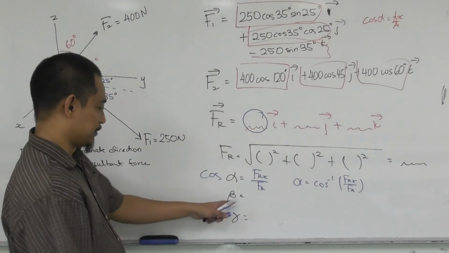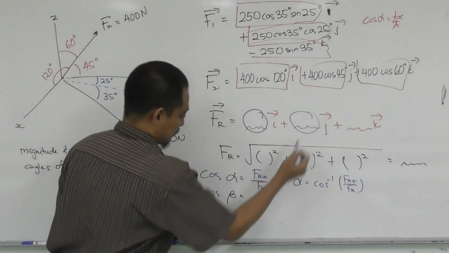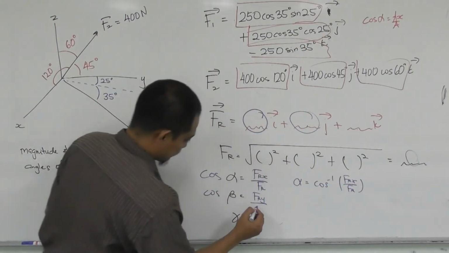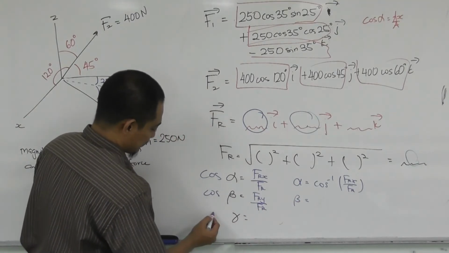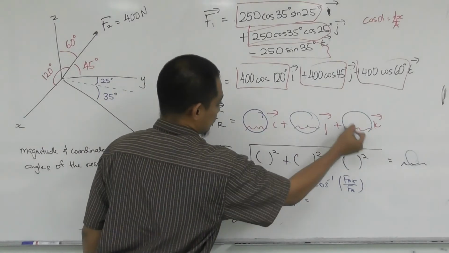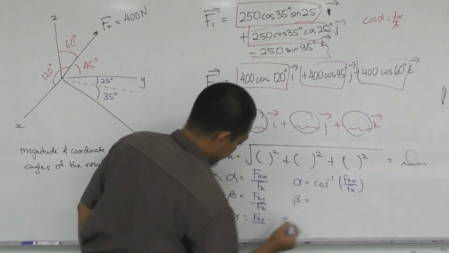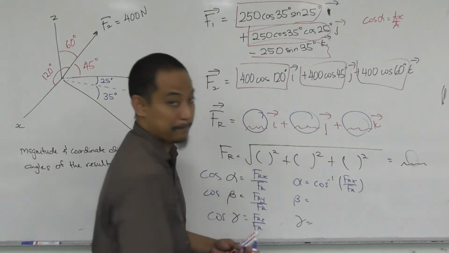Right. Similarly with beta, cos beta is this one, which is y over this one, which is FR. So you can calculate beta. So gamma is the same. Cos gamma is this one here, z over this one here, and then you can calculate for gamma.